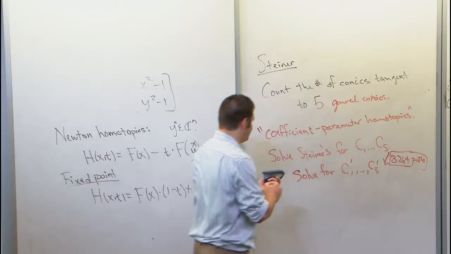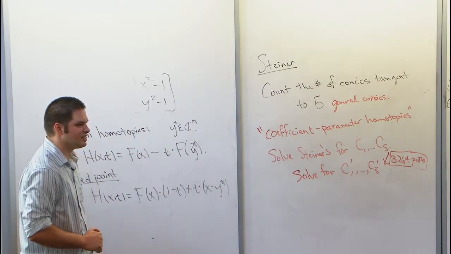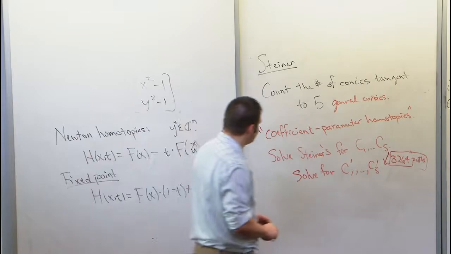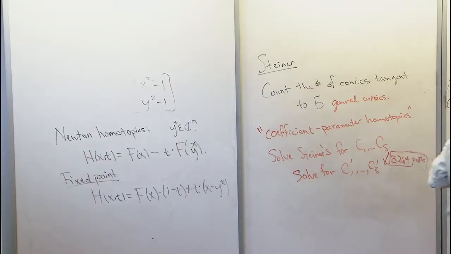Why do you know you're not going to have to pass through a double line? Very good. You're going to take a general path in your parameter space, and the only way you can end up at a singular point is if your conics were degenerate. So with probability 1, the path between these two will not pass through a singular point. But this is a little different from the previous one in the sense that it's no longer linear.